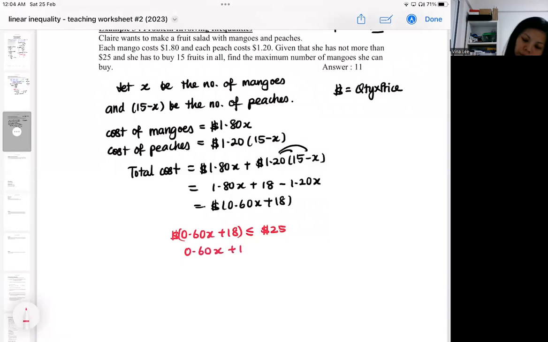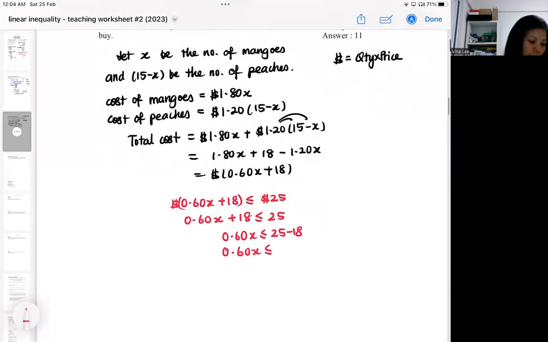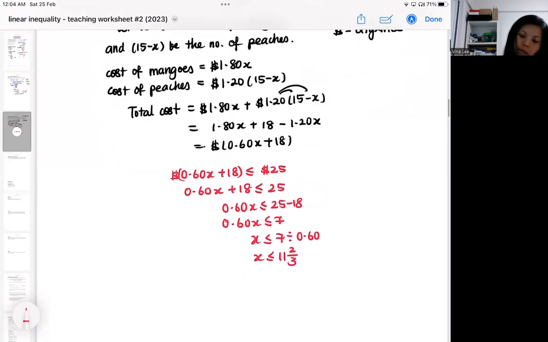So I'm going to do my inequality based on the equal sign. Do as usual. Solve as usual. Whenever you are solving, you're finding 1x. And then you can draw your number line.